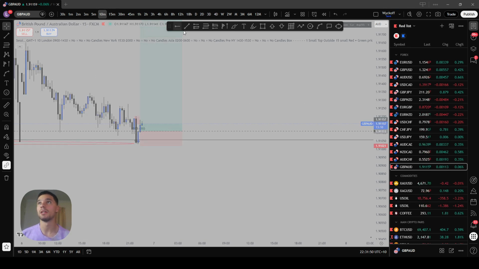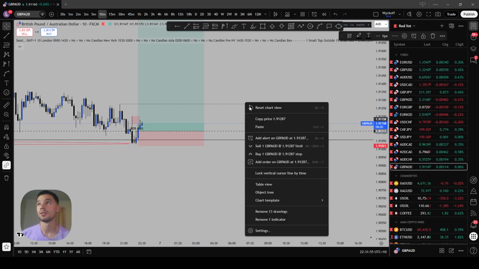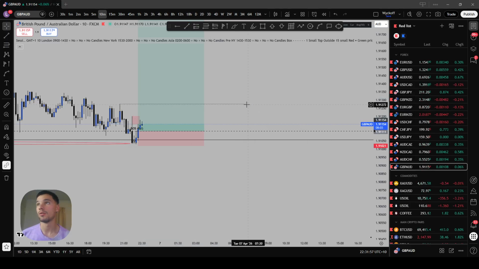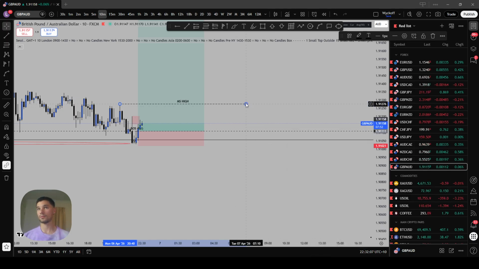So it's a valid 10-minute. If we break this 10-minute market structure high, then I may remove my limit buy and just monitor to see what price does. So that's my pre-planning for GBP AUD.